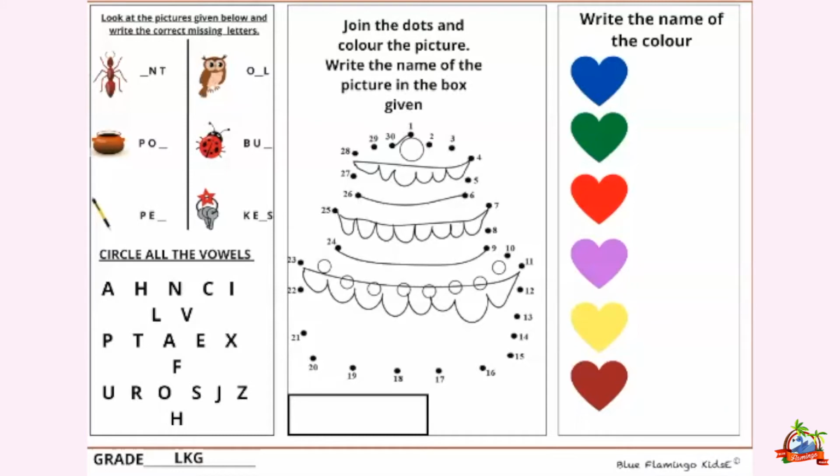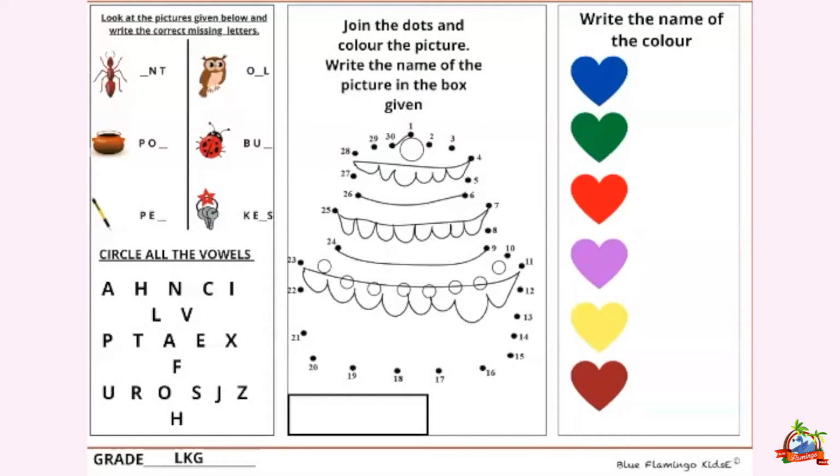T for tiger. U for umbrella. V for van. W for watch. X for Xmas tree. Y for yacht. And Z for zebra. So we have read A to Z with one words.